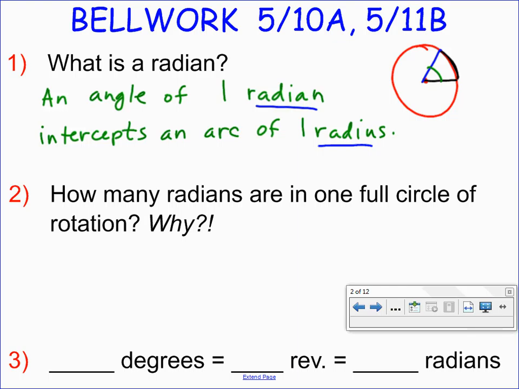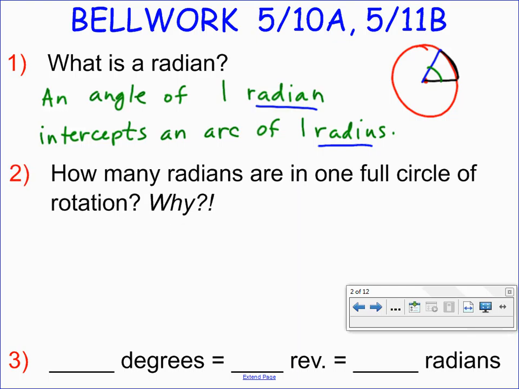All right. How many radians are in 1 full circle of rotation, and why? Well, we saw in our conversion and radian activity 2 that there are 2 pi radians in 1 full circle. Why are there 2 pi radians in 1 full circle of spin? Well, because the radian is the connection between radius length and angle. How many radius lengths are there in 1 full circumference?